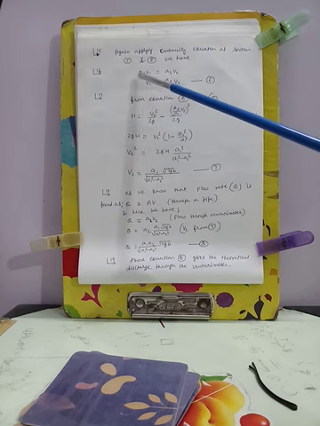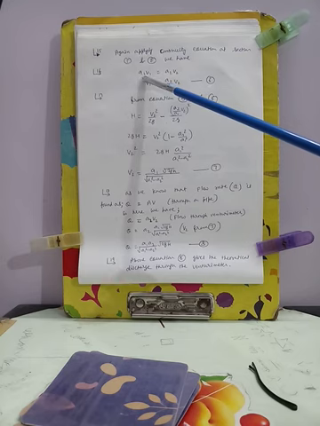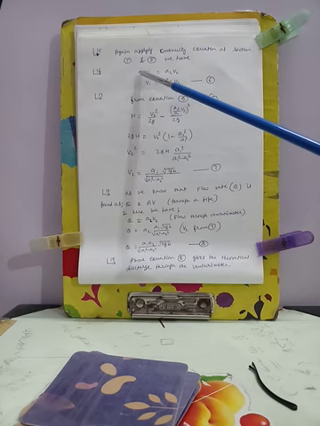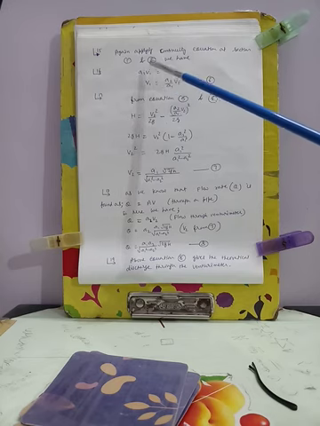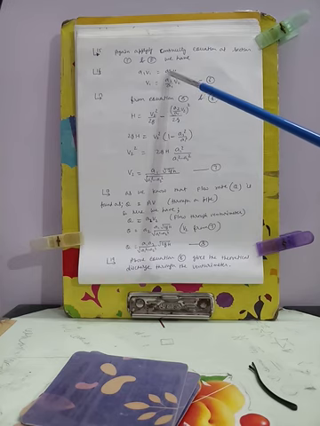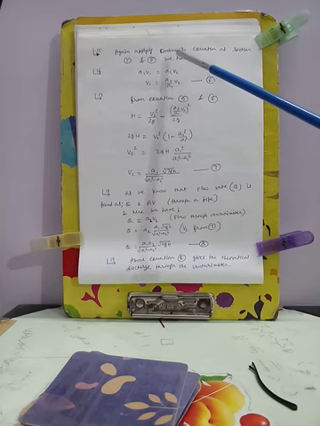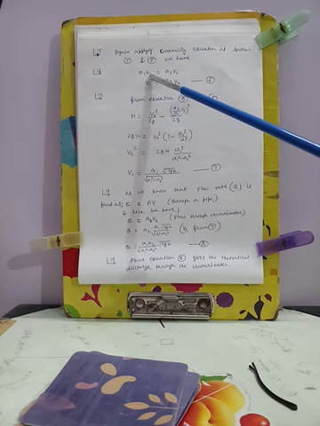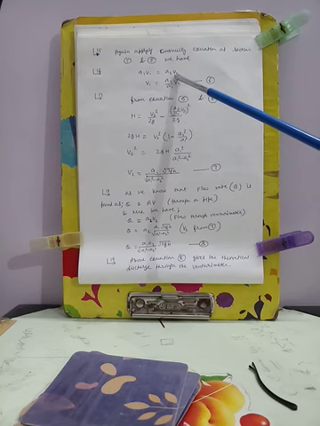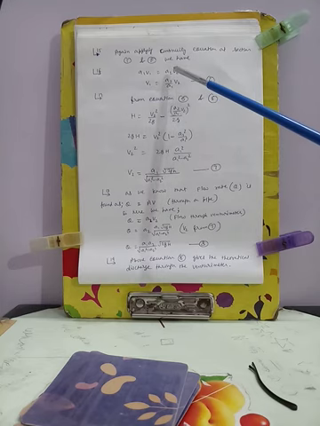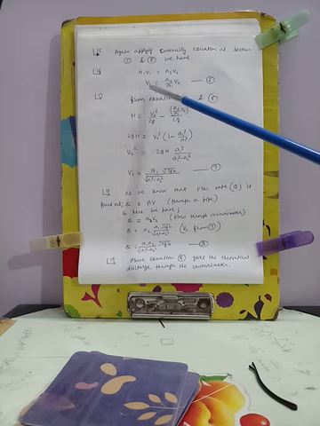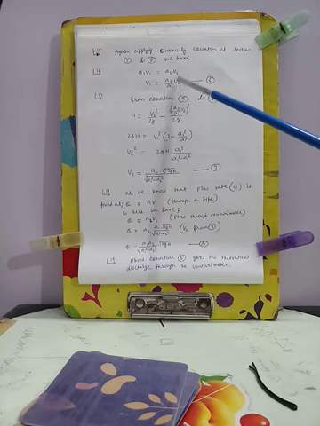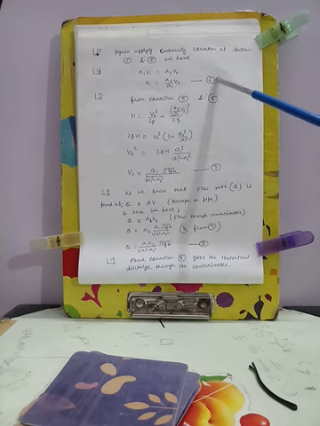As already mentioned on the figure, A1 is the cross-sectional area of the pipe, that is at the inlet of the venturimeter, and A2 is the cross-sectional area of the throat of the venturimeter, and V1 is the velocity of flow at the inlet of the venturimeter, and V2 is the velocity of flow at the throat of the venturimeter. So from here we get the value of V1 is equal to A2 by A1 into V2. Say this is equation 6.